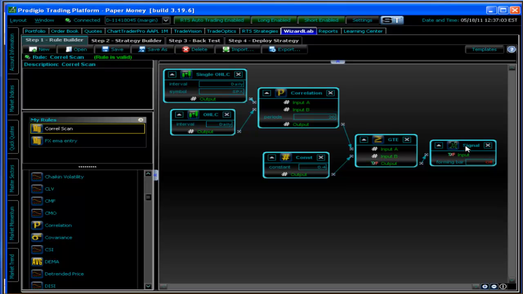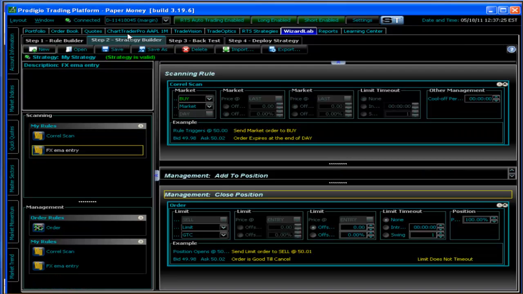It's drag and drop, and it ends in a signal. That trading signal is what I use to govern how the robotic system will trade on my account. I take all these signals and tie them together, and they're all saved under my rules. I have two on this account right now.